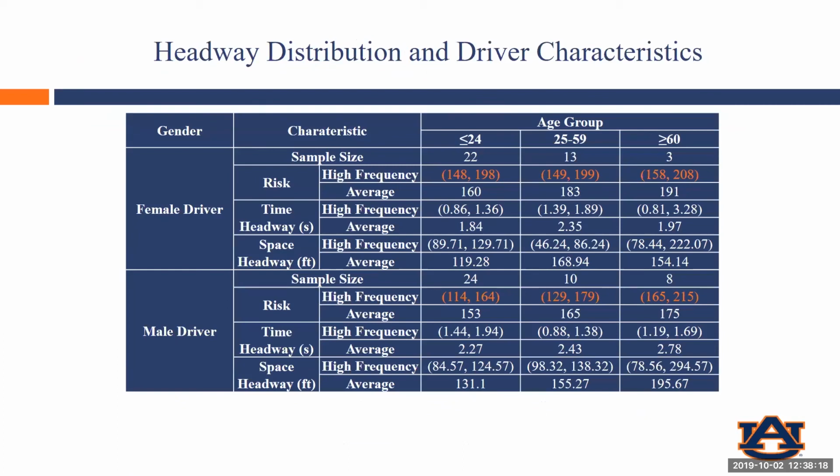Seems like we have a lot of young female drivers, but male is 24. For middle age, actually, 25 to 59, only 13. More than 60 is 3. So that's a small sample size for the more than 60 group.